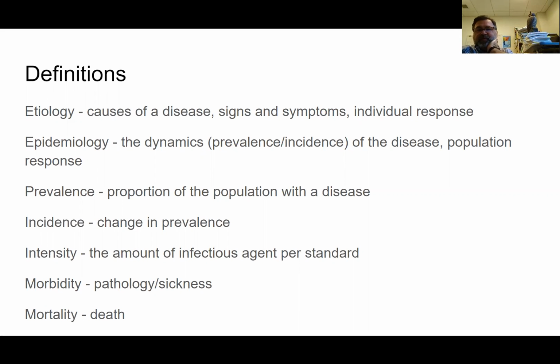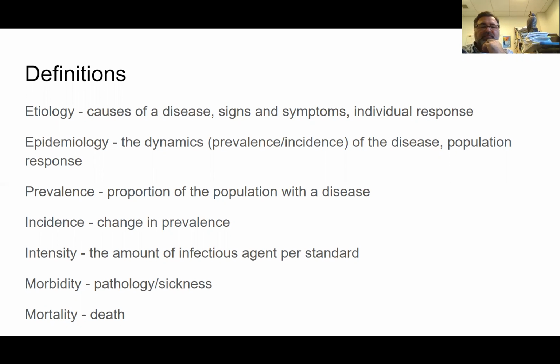And we often think of this as some sort of rate. And the rate, as much as time is important, is the number of infected individuals. So incidence is often reported as 2 in 1,000 or the number of infected individuals per 100,000 or per million in a rare disease.